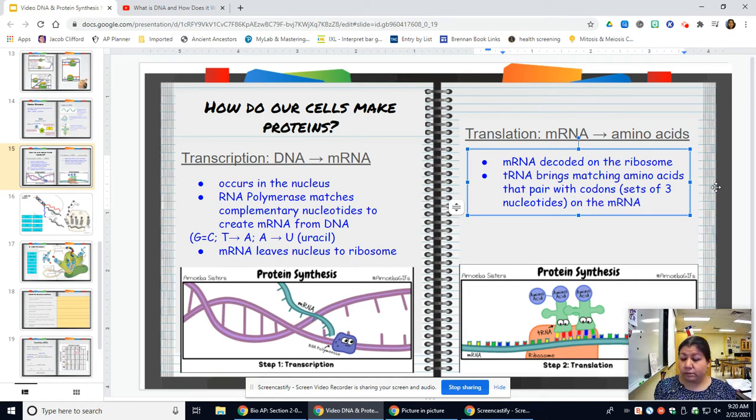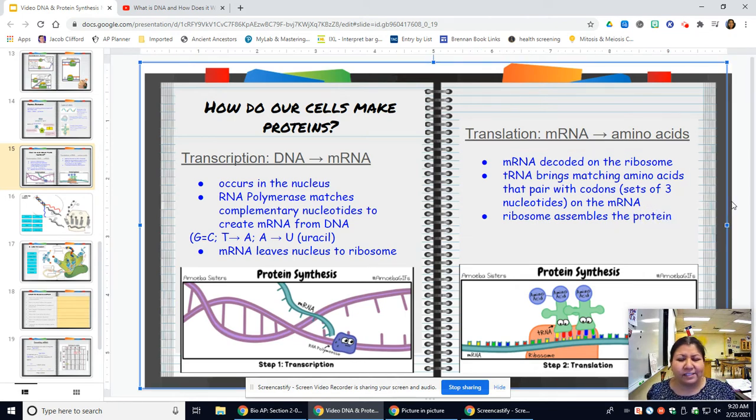Again, we'll talk about codons a little bit more as we keep going. Lastly, my ribosome assembles the protein. I told you there's a lot of steps, but once you get this, you're going to get it.